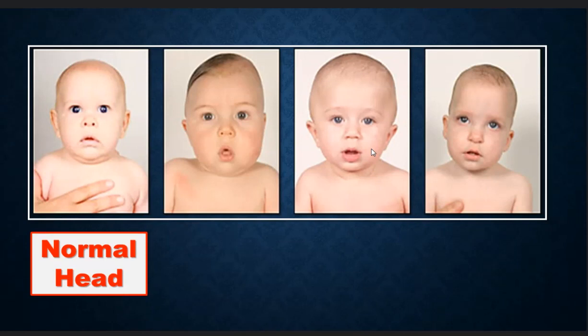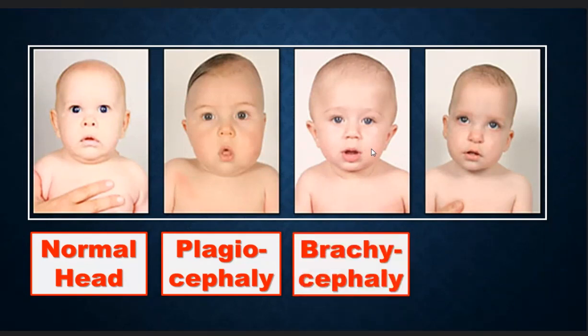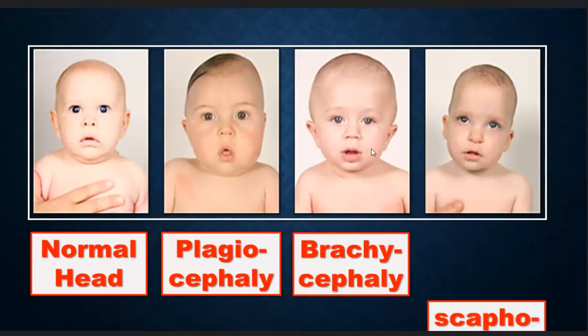So this is anterior. هذا اللي بصفه of course he is brachycephaly. شوفوا high forehead و increase the lateral diameter. هذا أبو narrow face elongated. He is scaphocephaly.